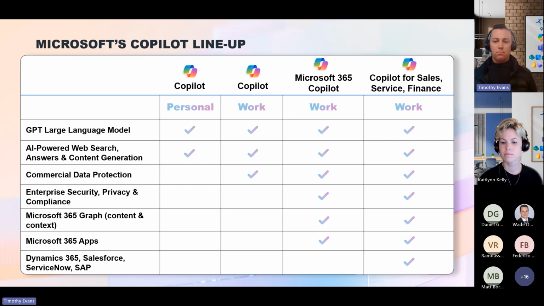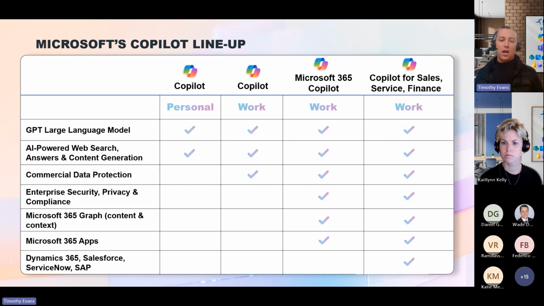Finally, what we're not going to talk about so much is Copilot for Sales, Service, and Finance. We might touch on it just a little bit at the end here, but when we think about Copilot for Sales, Service, and Finance, these are tools that are specific for specific roles.